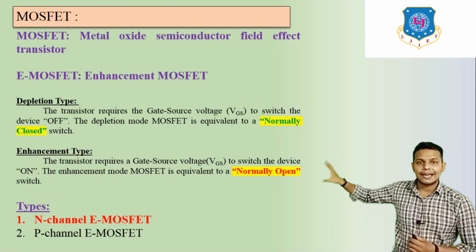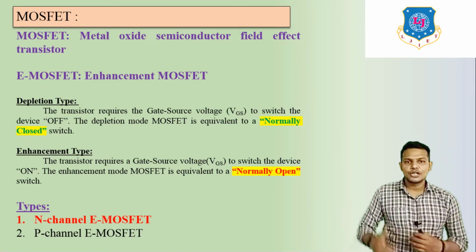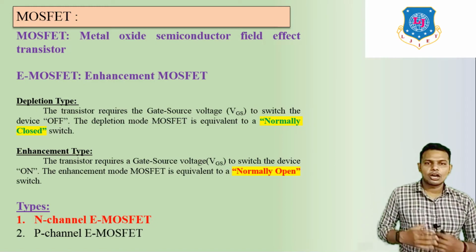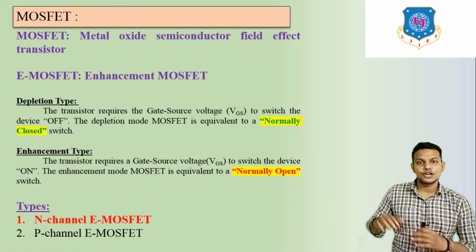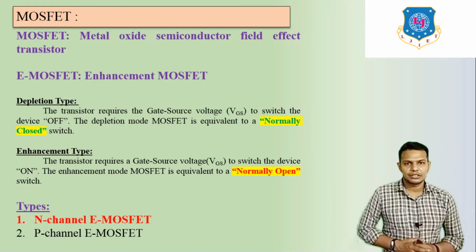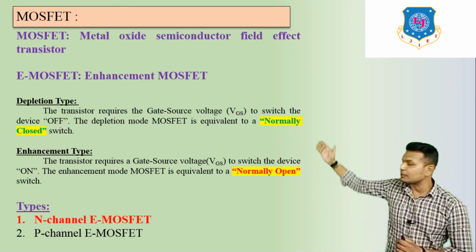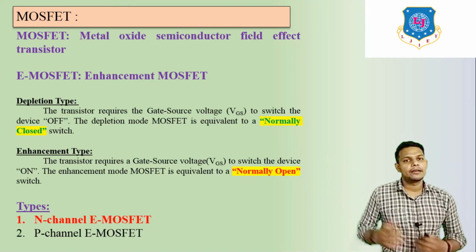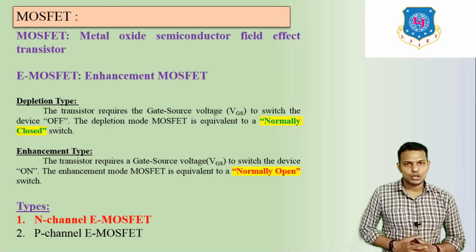Whereas the enhancement type is known as device off, that means it is a normally open switch. So these are the differences between the enhancement type and depletion type MOSFET.